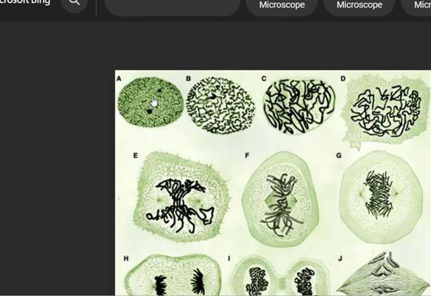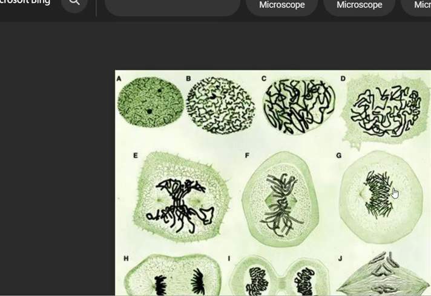And here's another slide. There's your interphase. These are all prophase. Here's metaphase. They're lining up in the middle. This is anaphase. So they've let go. There were two copies that were held together by the centromere. And the centromere lets go. One copy goes one way, one copy goes the other way.